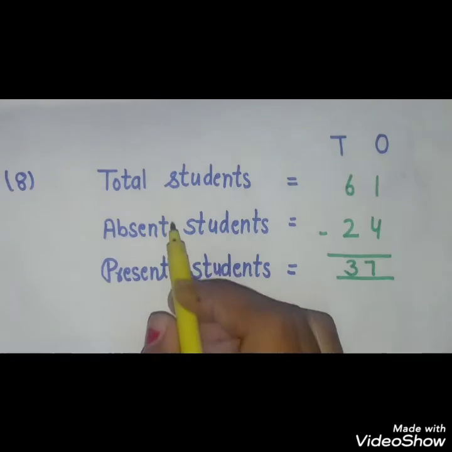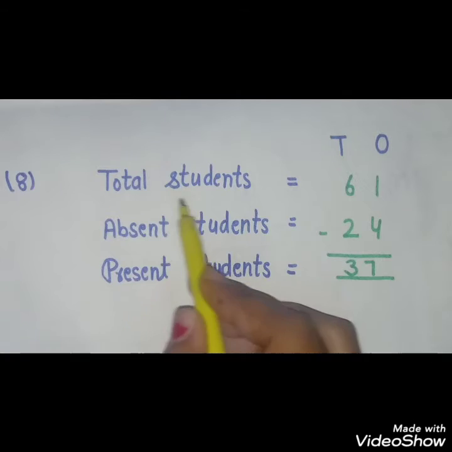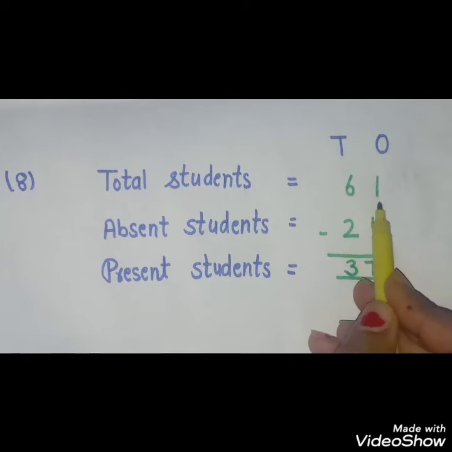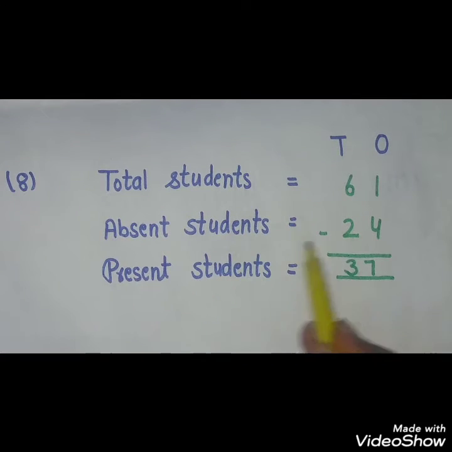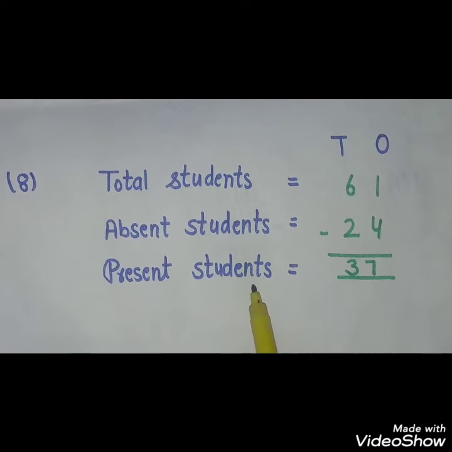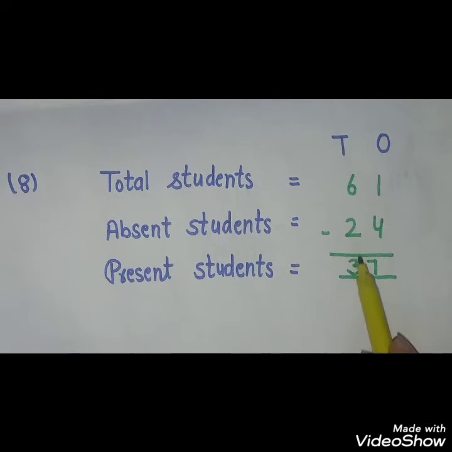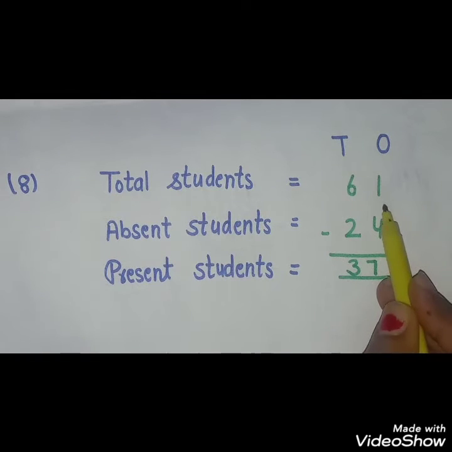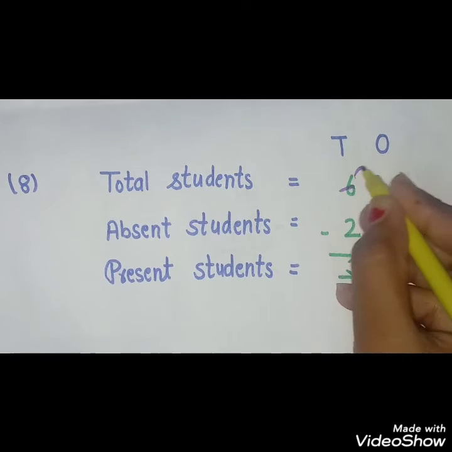Students, firstly we write how many total students. Total students are 61. Absent students 24. And we have to find present students. So we subtract 24 from 61. When we subtract 4 from 1, it is not possible. So we take carry.